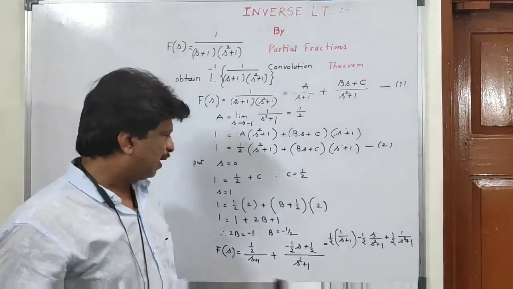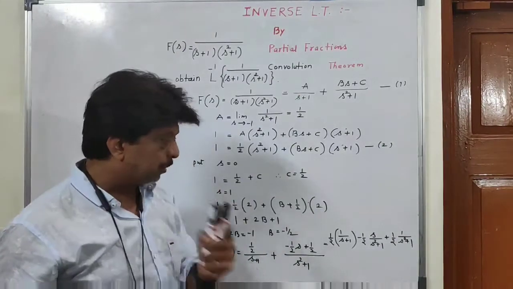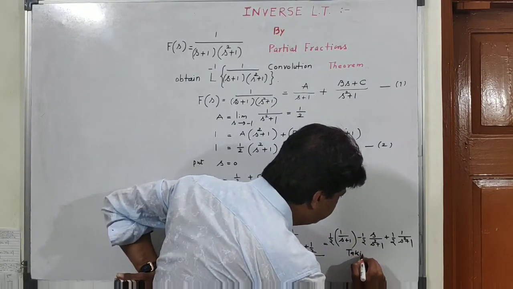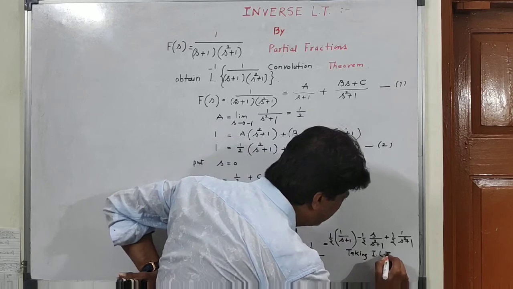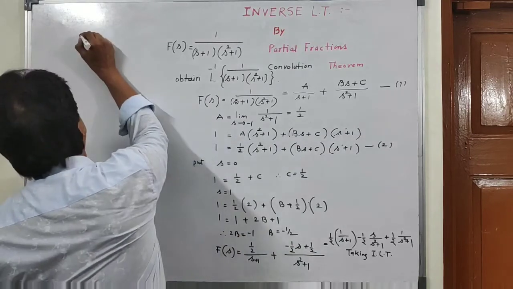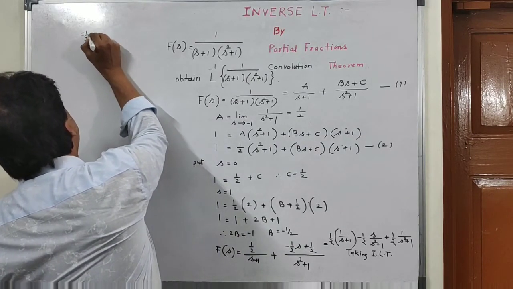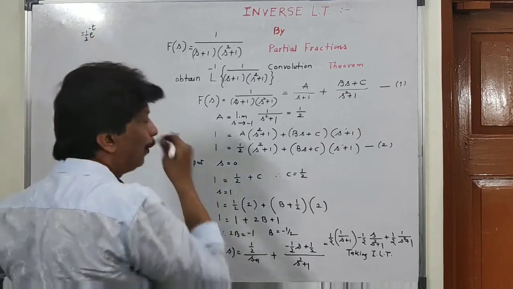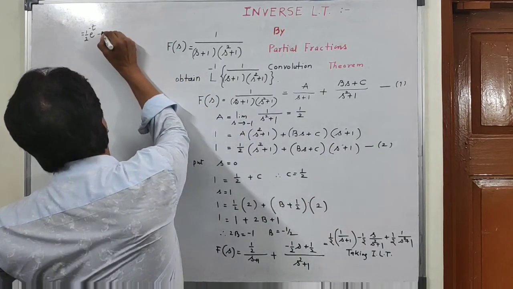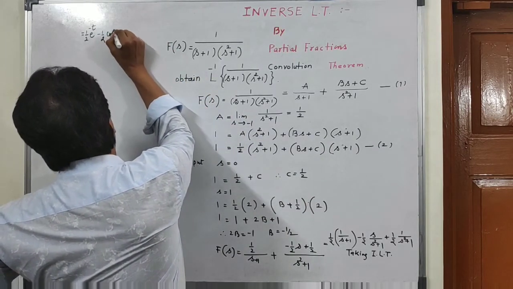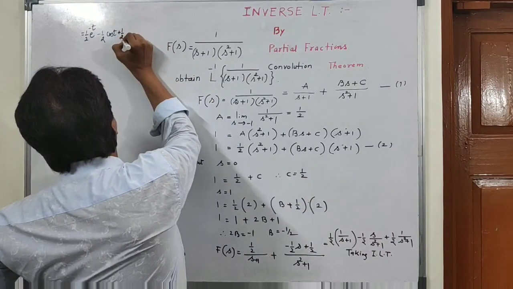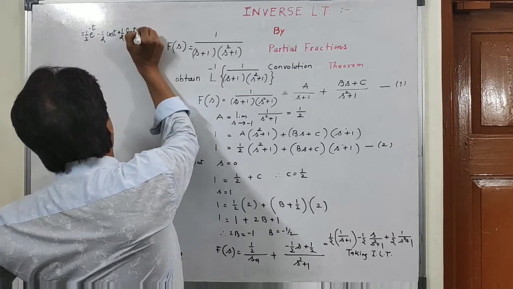And now, after resolving this into partial fractions, taking the inverse Laplace transform, I am writing down the inverse here: 1 by 2 times e to the power minus t, minus 1 by 2 times cos of t, plus 1 by 2 times sine of t.